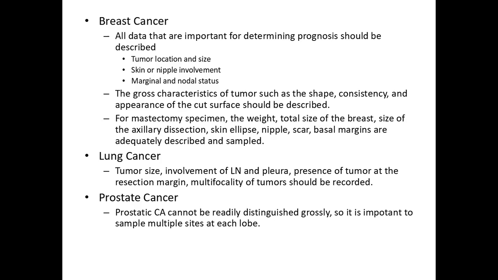For mastectomy specimen, that's the breast, no? The weight, total size of the breast, size of the axillary dissection, skin ellipse, nipple, scar, basal margins are adequately described and sampled. Next is the lung cancer: tumor size, lymph node involvement, and the pleura.